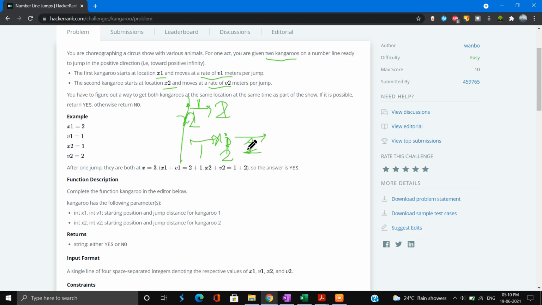The first kangaroo, which is at the greater distance, will reach 1 plus 2, which is 3 meters, and the second kangaroo, traveling at 2 meters per second, will also reach 3 meters. So after 1 unit of time, both kangaroos will be at the same location. So we have to print yes for this test case.